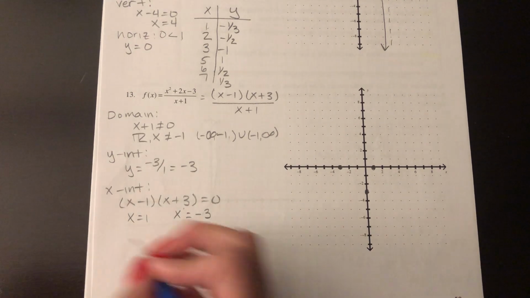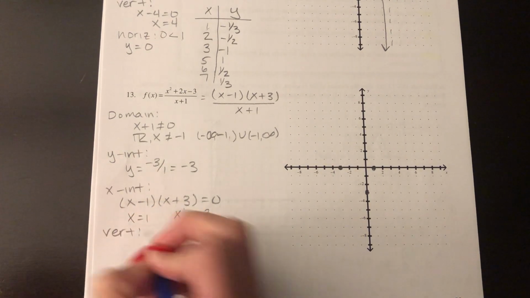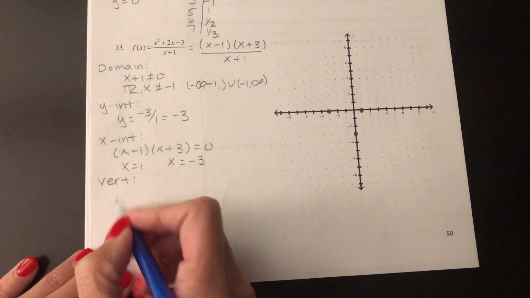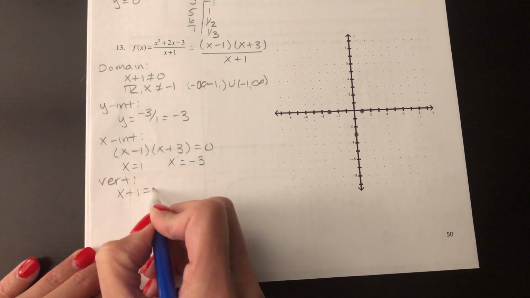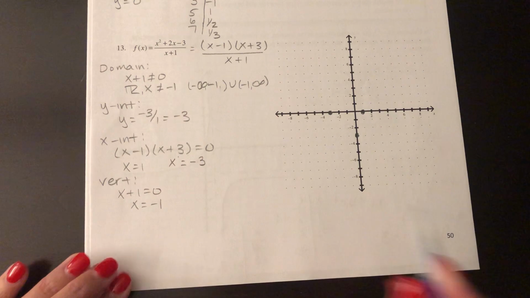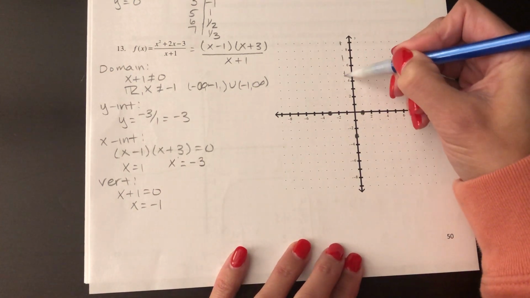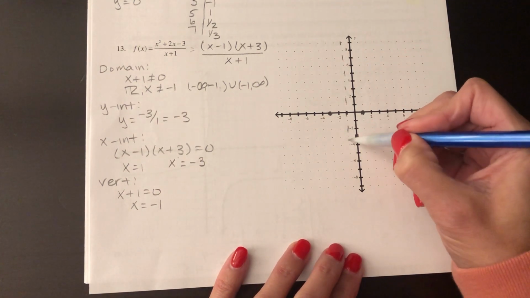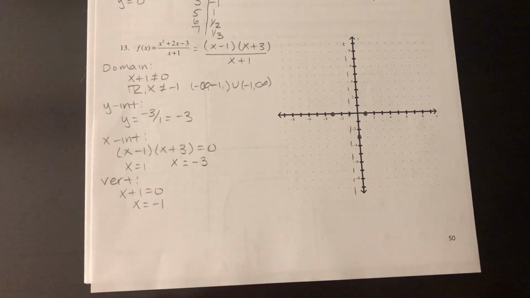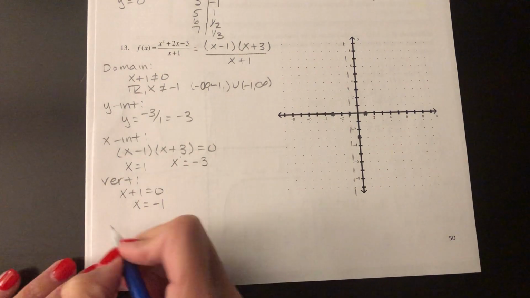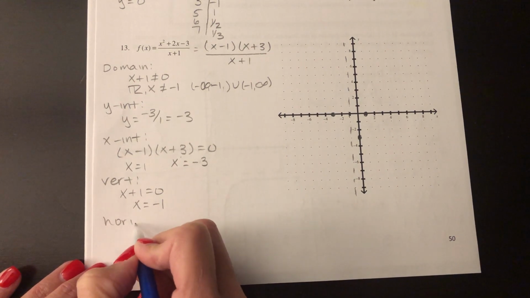All right, now we're ready for our asymptotes. So we'll find the vertical one first by setting the denominator equal to 0. Mark that.